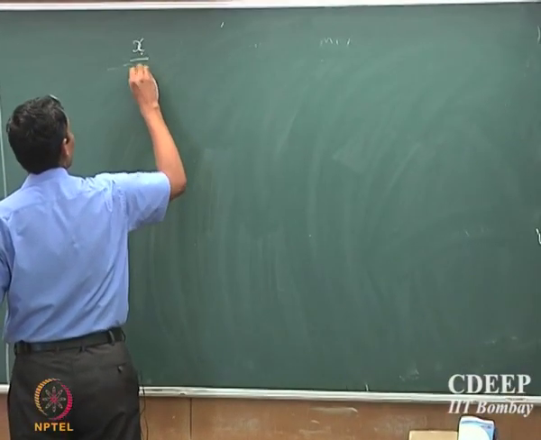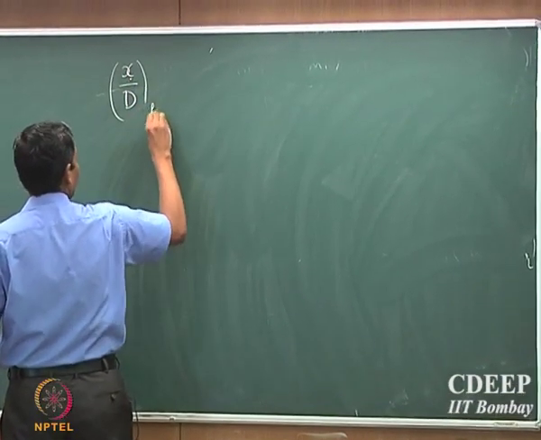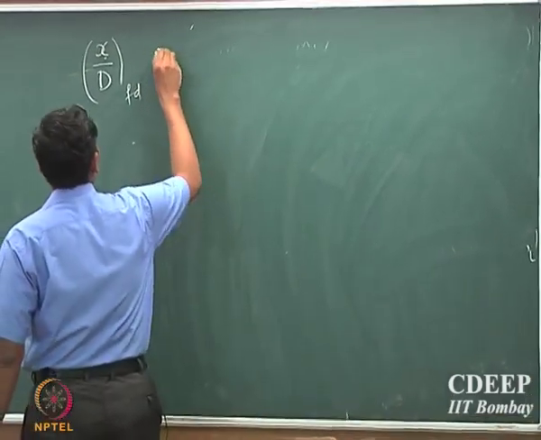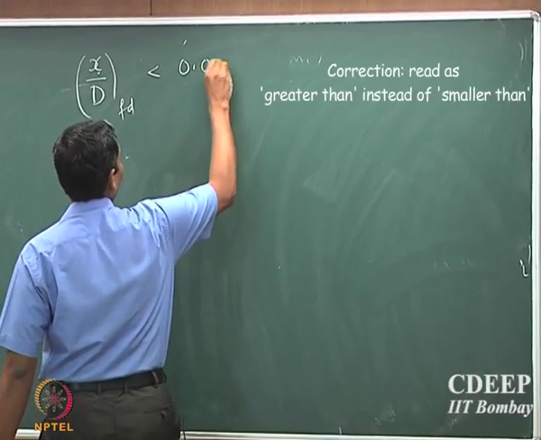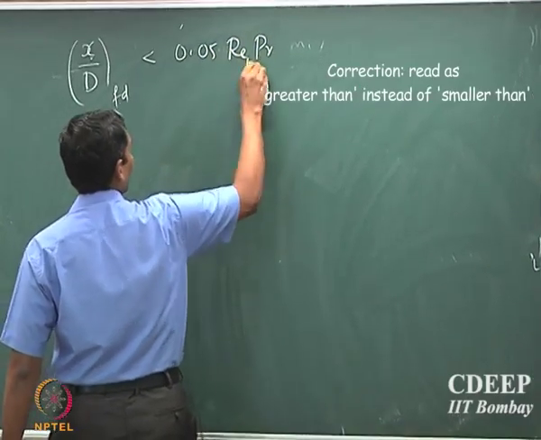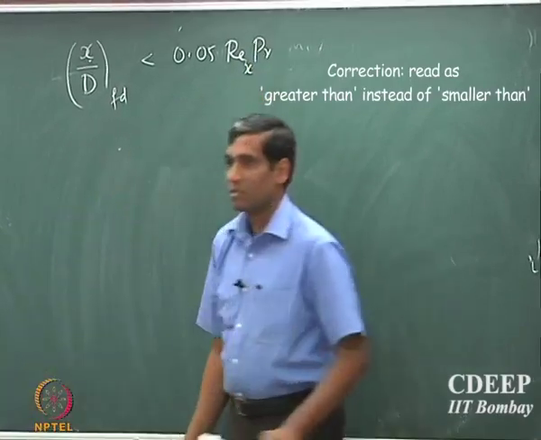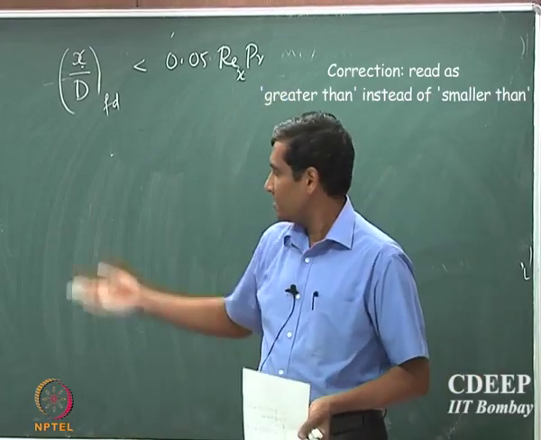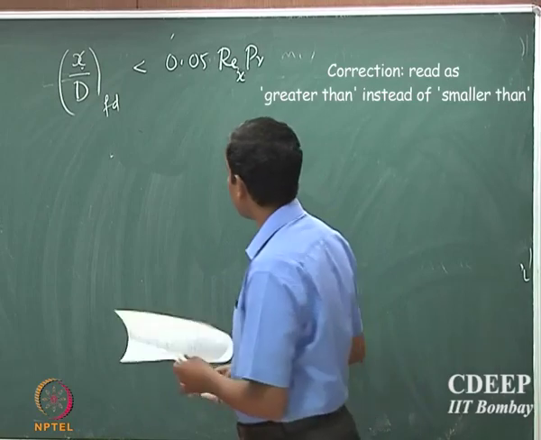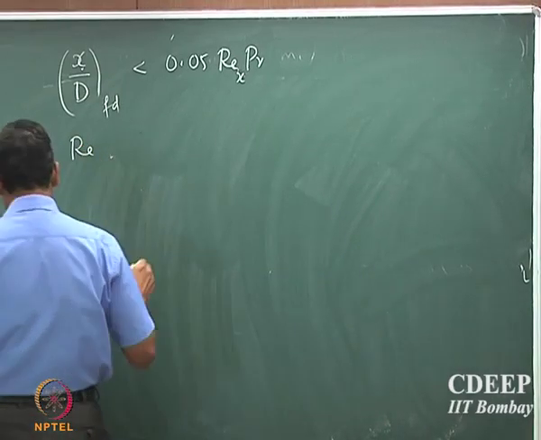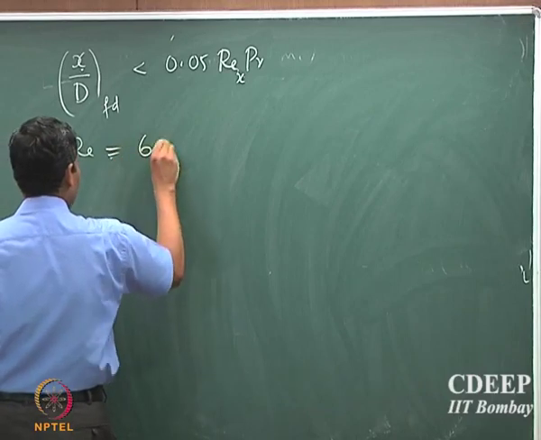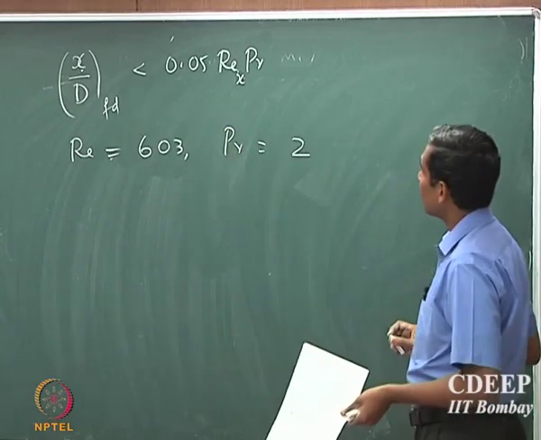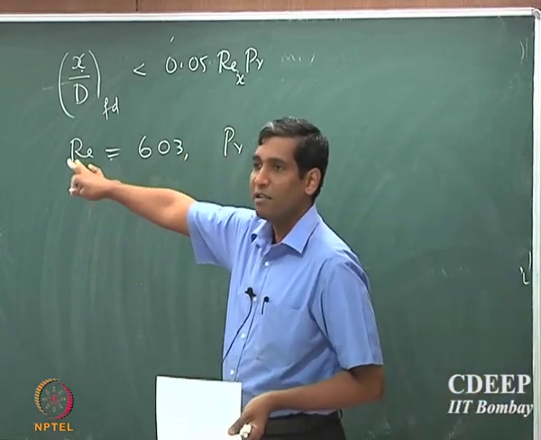X by D in the fully developed regime, if this is 0.05 times Reynolds number times Prandtl number, then you can assume that it's a fully developed system. So we can calculate the Reynolds number and Prandtl number. Reynolds number is about 603 and Prandtl number is about 2 or something like that. So it will be much higher than the x by d.